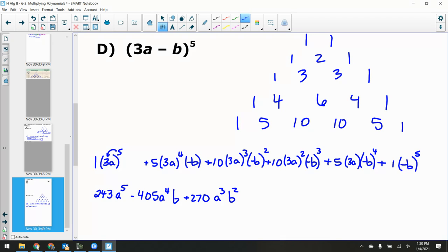Odd powers leave negatives. Minus 3 squared is 9 times 10 is 90. A squared b to the third. Negative b to the fourth, raising it to the fourth power, eliminates the negative. 3 times 5 is 15. Negative b to the fifth. There it is.